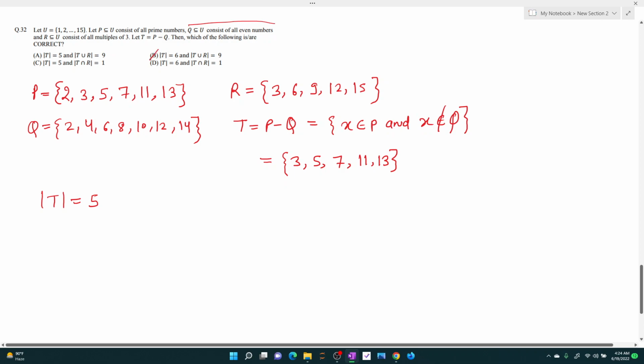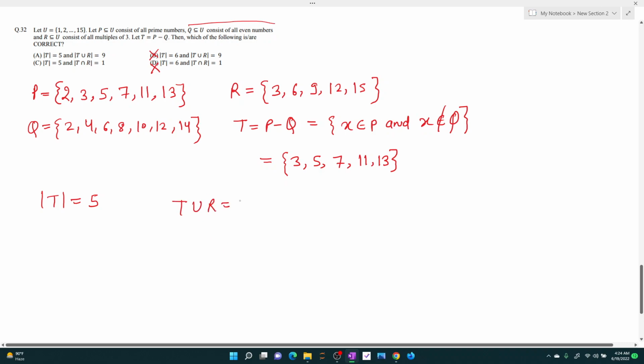So option B and option D are automatically rejected. Now I only need to concentrate on option A and C, where the number of elements in T is 5, and now I need to check how many elements we have in T union R as well as in T intersection R, right?